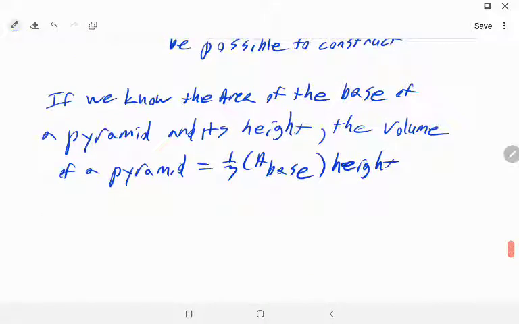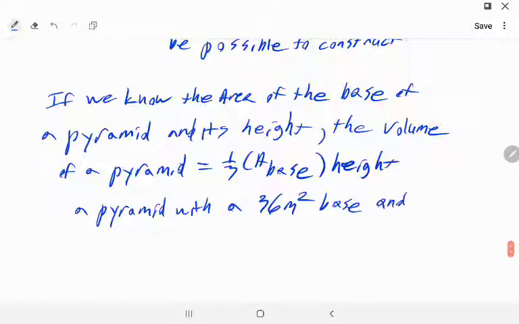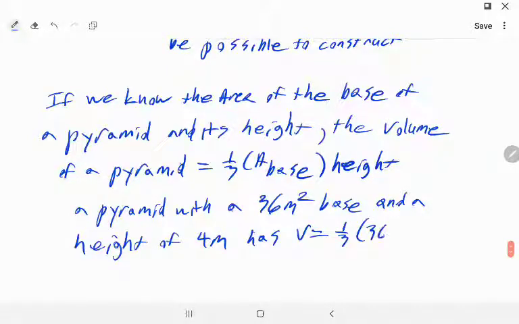And so for that pyramid we had before, a pyramid with a 36 square meter base and a height of 4, has volume equal to 1/3 times 36 square meters times 4 meters, which winds up being 12 times 4, which is 48 cubic meters.